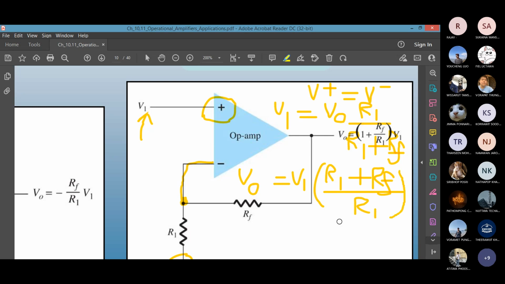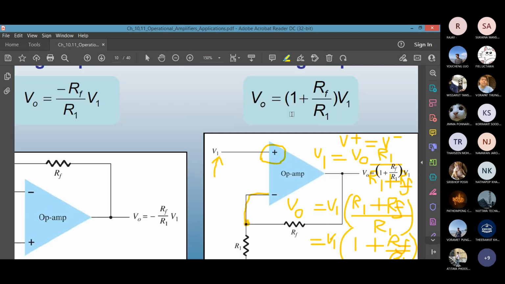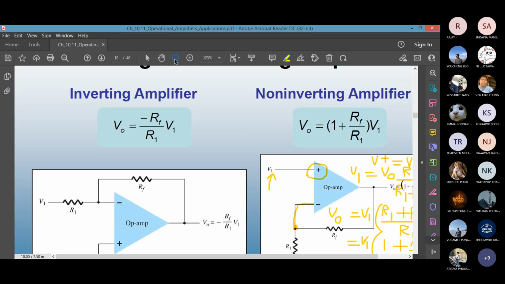If you further simplify, you'll get V out equals V1 times 1 plus RF over R1. This is simple, not very complicated. That's the derivation. Look at the equation: V out equals 1 plus RF over R1 multiplied by V1. This is for the non-inverting op amp.